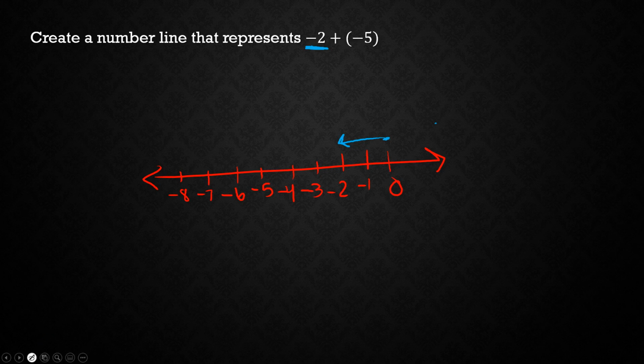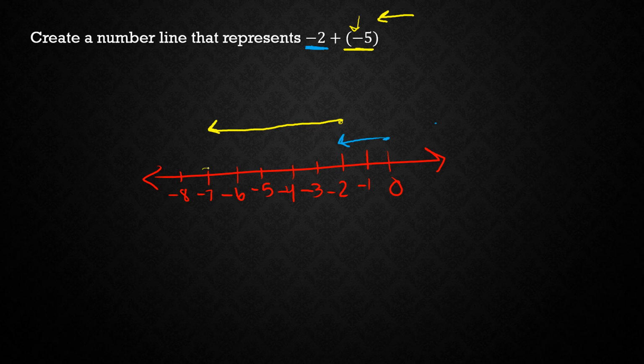The second number we have here is -5. So from that -2, I need to move backwards 5 spaces, and the reason I'm moving backwards is because this number here is negative. I will put a dot above that -2, and I will go back 1, 2, 3, 4, 5.